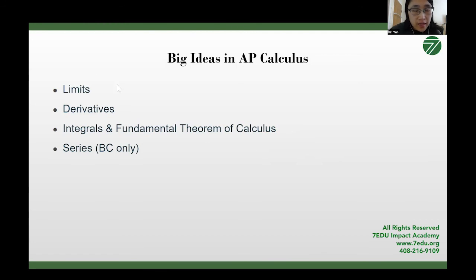For Calculus AB, there are three main ideas: limits and continuity, derivatives, and integrals and the Fundamental Theorem of Calculus. And for BC, there's one more main idea, which is series. But later on, you will see that even for derivatives and integrals, BC has additional subtopics under these two main ideas.